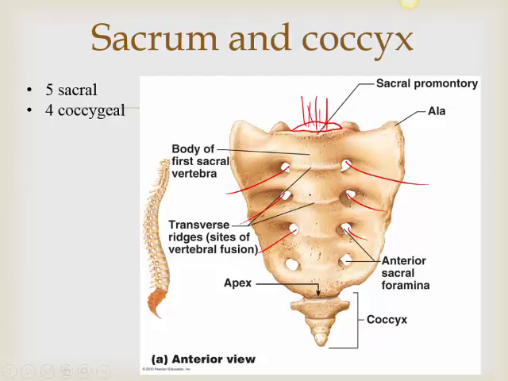You can see the line of fusion, and these are the parts where the bodies are, and where all the transverse processes have fused with one another. This projection of the sacrum is called the promontory because it's projecting. So this area is known as the sacral promontory.